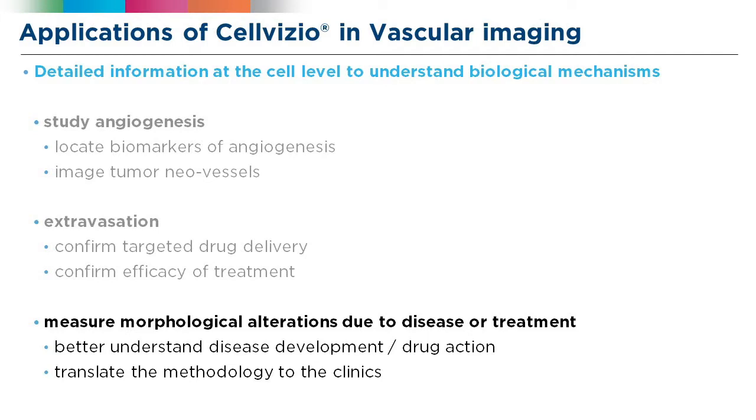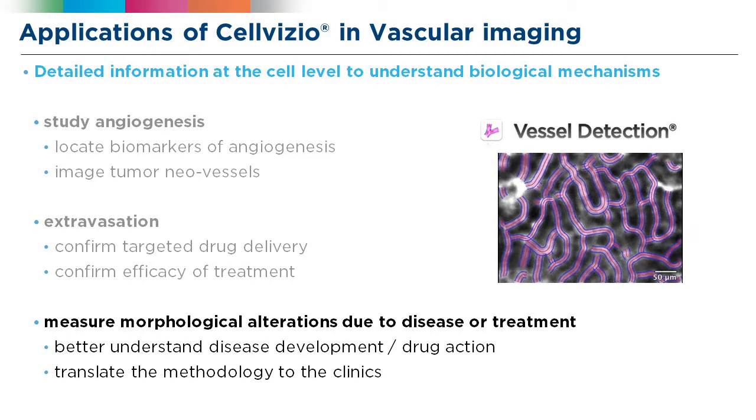And these types of techniques can be used to better translate the methodology to the clinics. And in particular, we will see some applications of our module. It's a plugin called Vessel Detection that is used to get some quantitative information about the vasculature.